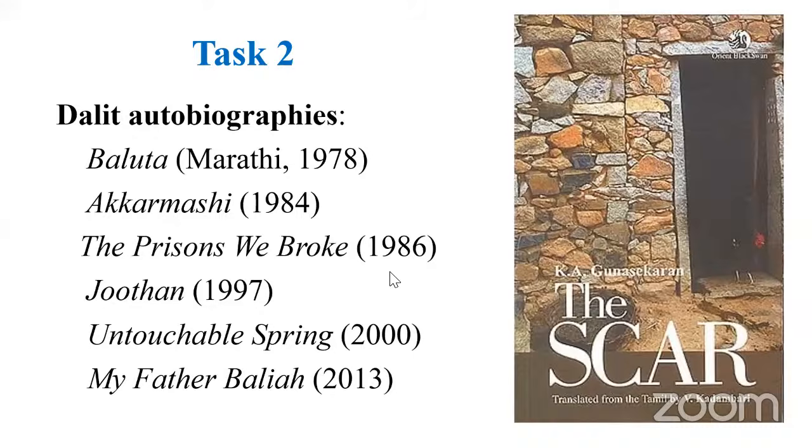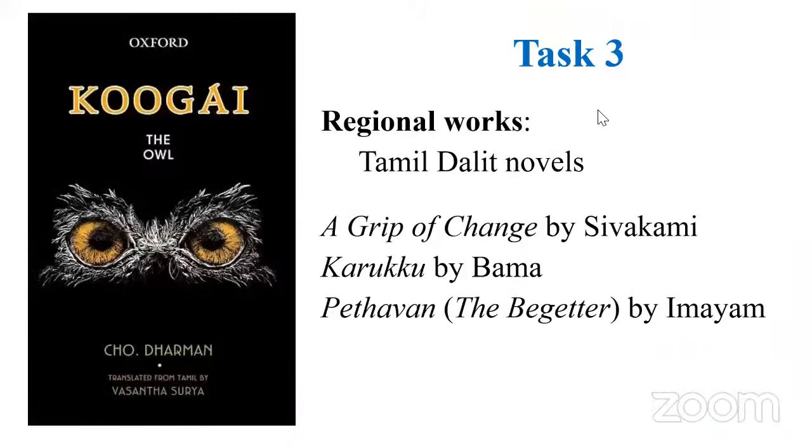Take it as a task. Next, task number 3, where to start? Start from your own language. So, if you're a Tamil, you can start with Tamil Dalit works or Tamil Dalit novels. So we have some works, The Grip of Change by Sivagami, then Karukku, a very famous one by Bama, then Pettavan or The Bigoted by Imayam, then Kugai, also called The Owl.